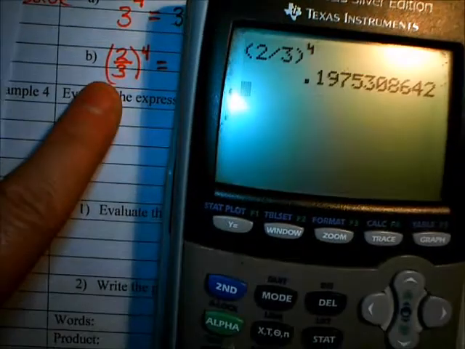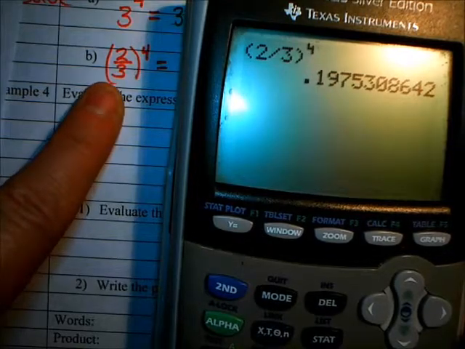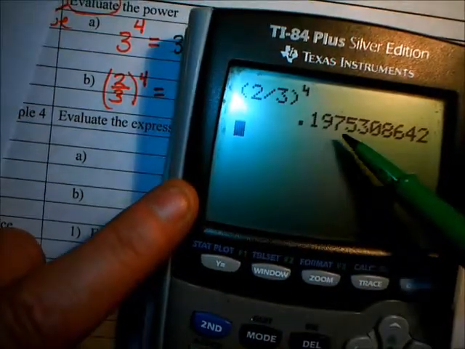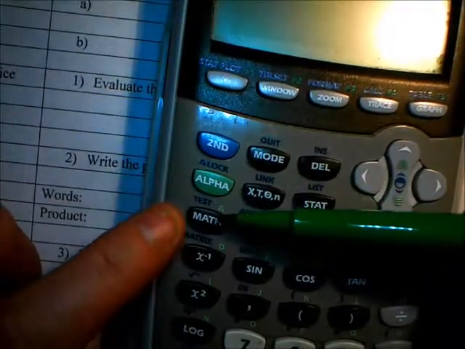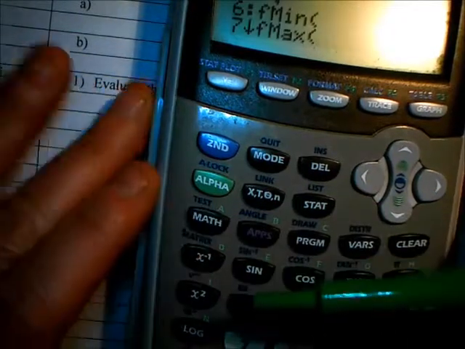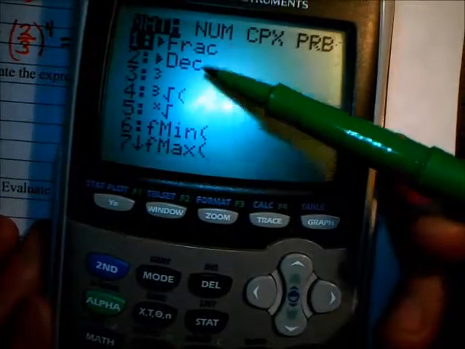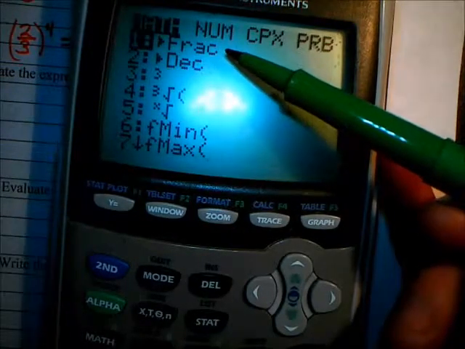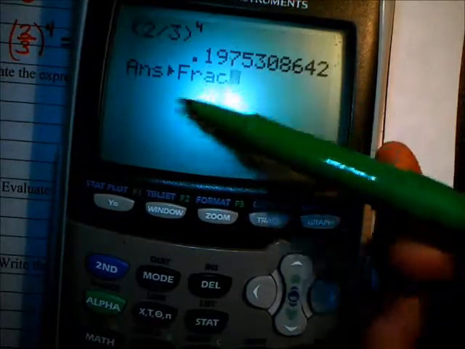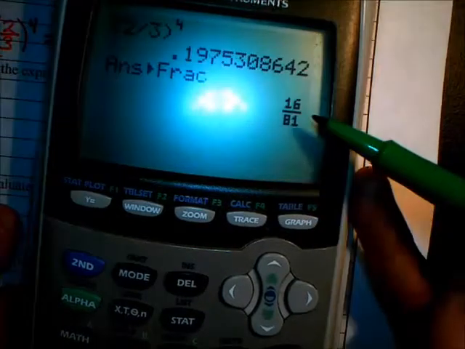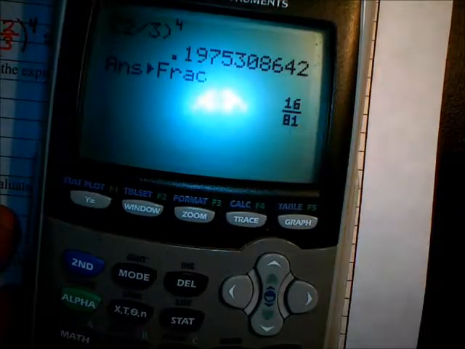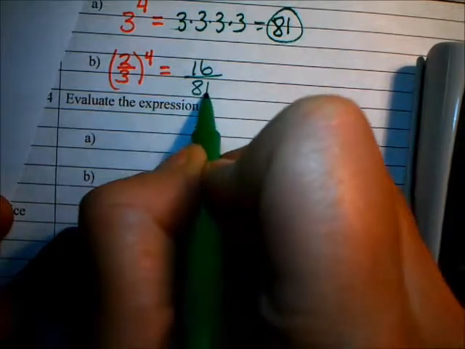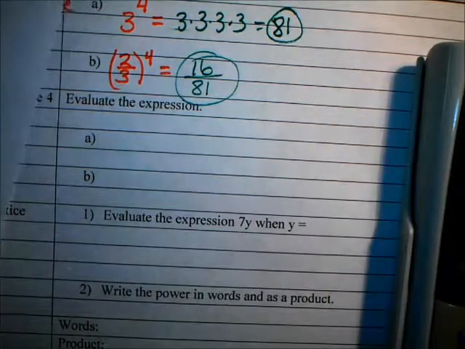Well, my problem was not a decimal, it was an actual fraction, so I need to change this back from a decimal to a fraction, which, remember, that involved using the math button here, so I'm going to push it. And then I'm trying to make it a fraction, so I'm hitting a number 1. I get this, so enter, and I have my fraction of 16 over 81. And there's your answer.